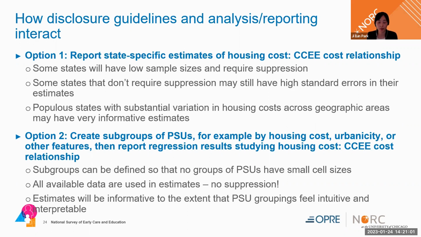And the benefit of thinking about different subgroups as a unit of analysis is that you can still use all of your data in your estimate. So you're not suppressing anything. You're combining and creating groups that you can actually report. And sometimes these estimates can be a lot more informative than just having an estimate with high standard errors.